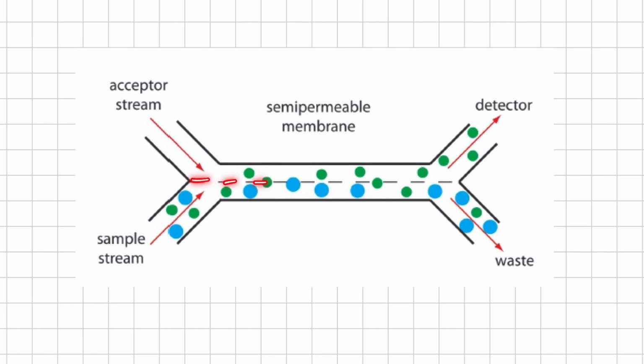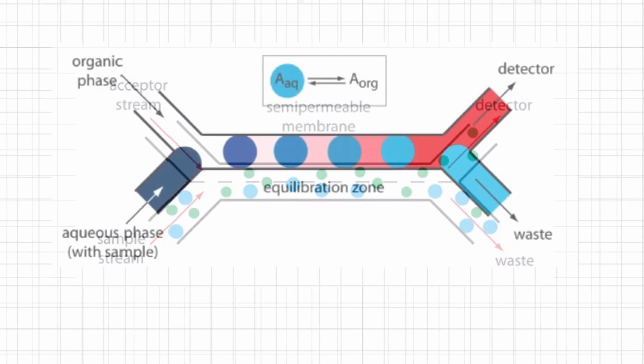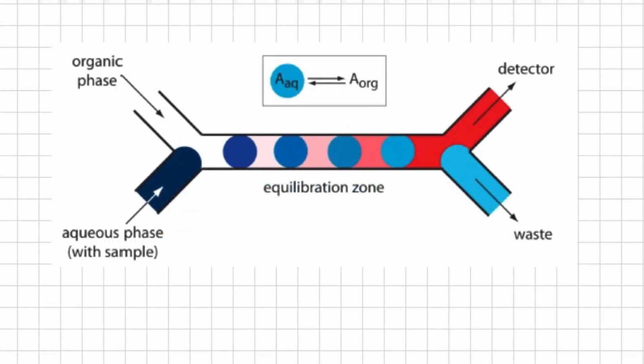In this way we can incorporate this module, which uses the phenomenon of diffusion through a semi-permeable membrane, in order to separate our analyte from the sample stream. Liquid-liquid extractions are accomplished by merging together two immiscible fluids, each carried in a separate channel. The result is a segmented flow through the separation module consisting of alternating portions of the two phases.